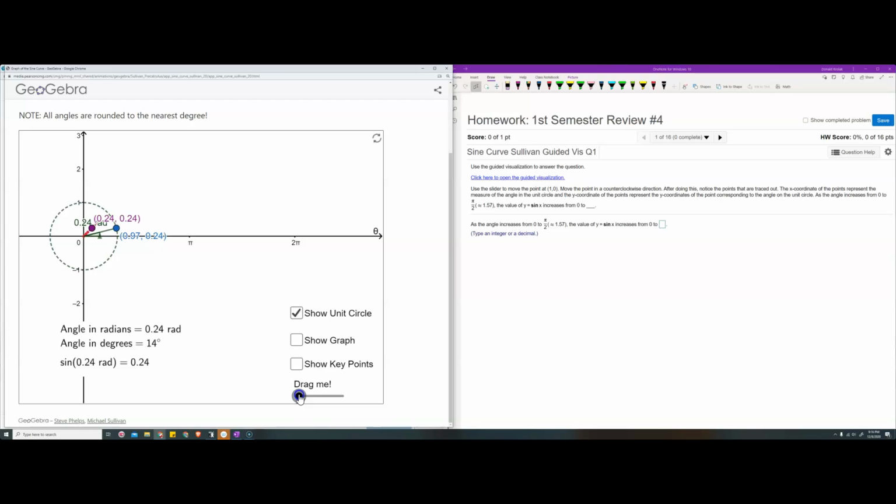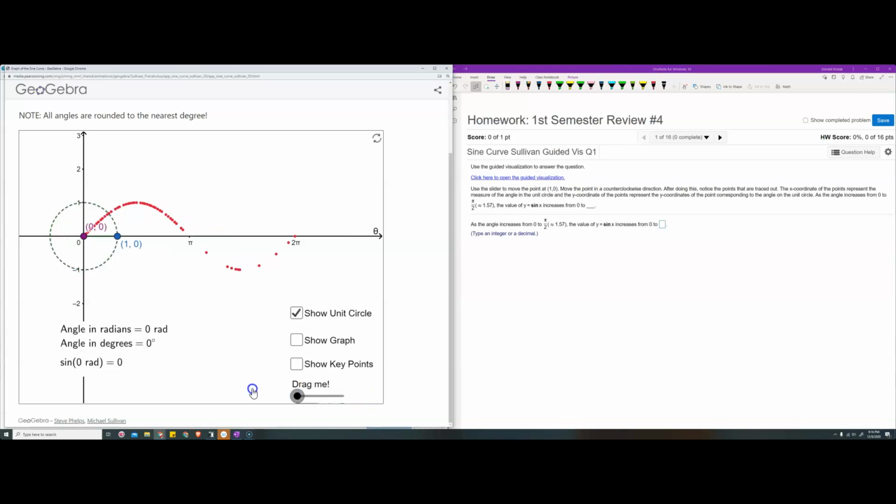After doing so, notice the points that are traced out. So you'll see this red tracing as we do this. The x-coordinate of the point represents the angle, and then the y-coordinate represents the y-coordinate of that point corresponding to the angle.